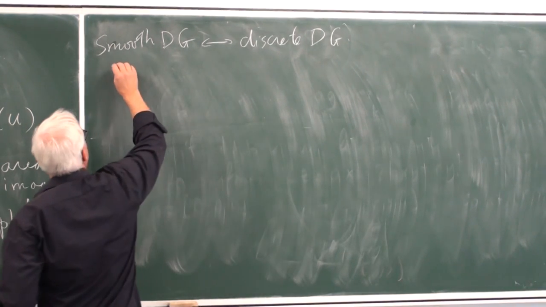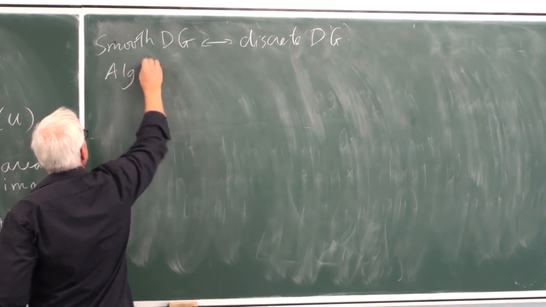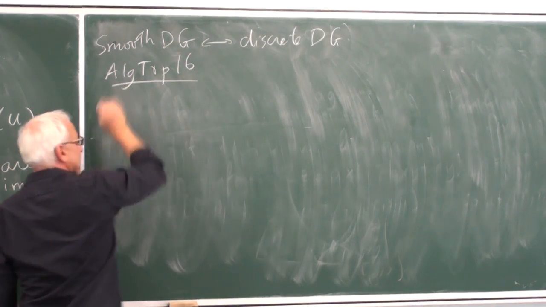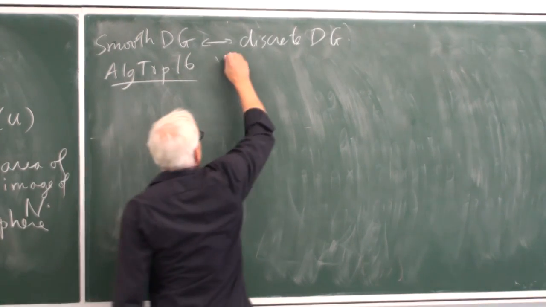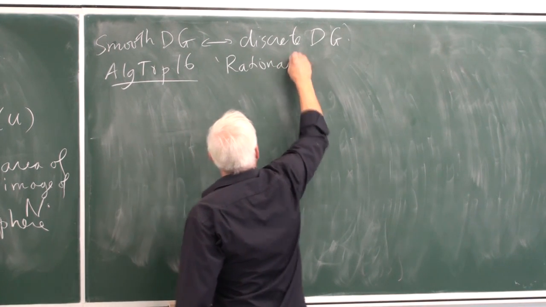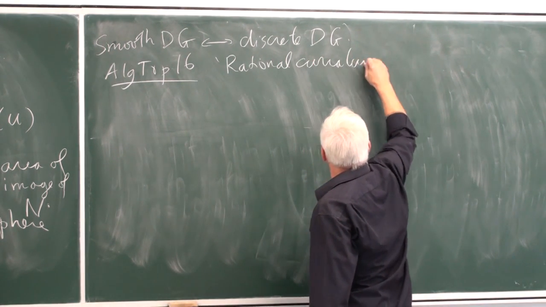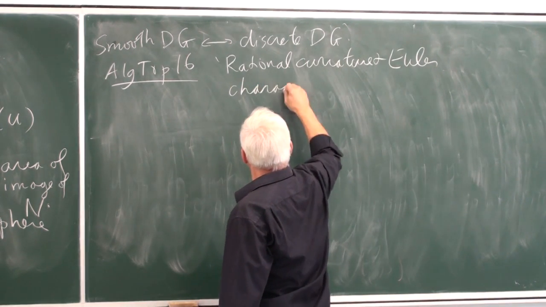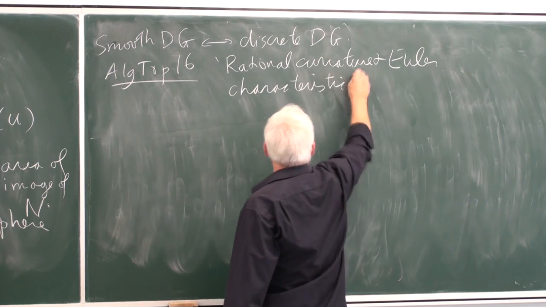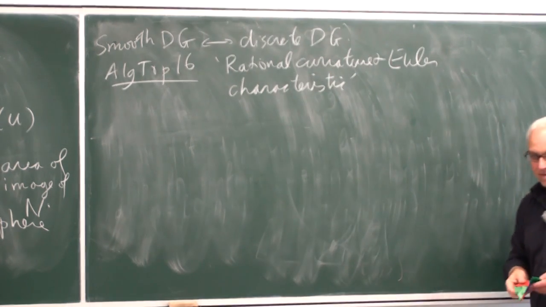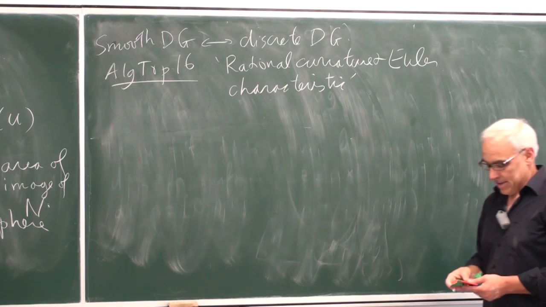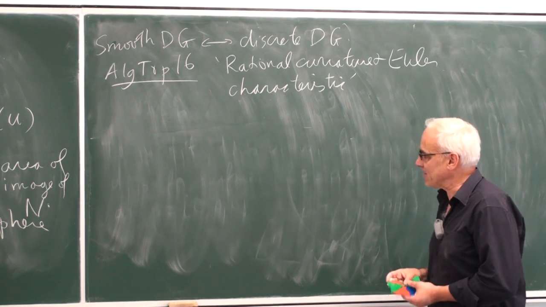I talk a little bit more about this in my algebraic topology series. I think algebraic topology 16 is a lecture on rational curvature and Euler characteristic. You're probably quite capable of watching that video. I recommend it if you're interested in this circle of ideas. So I'm just going to briefly tell you what happens.